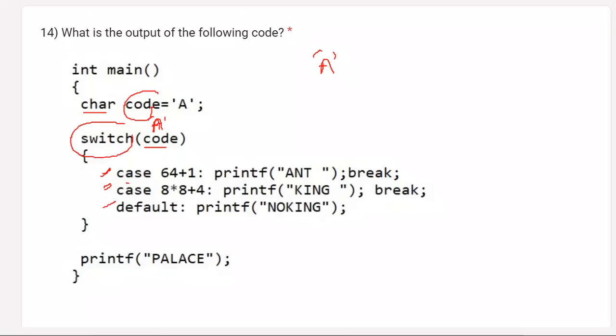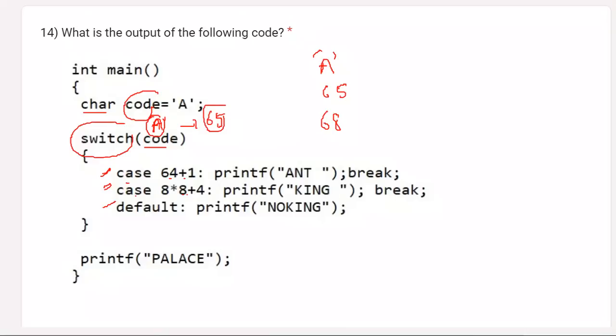Here case 61 plus 64 plus 1, that means 65. Here case 88 plus 8 into 8, 64 plus 68. When you pass this character here, internally the character's ASCII value will be considered.